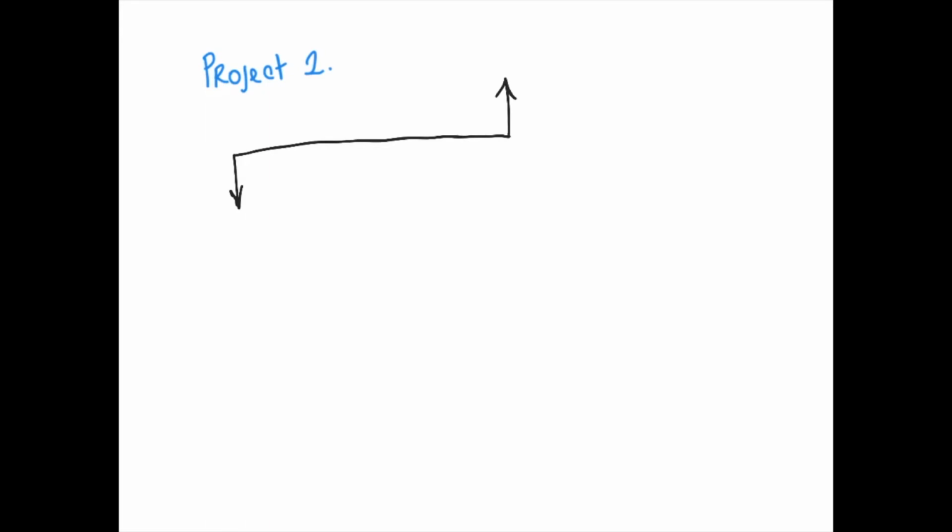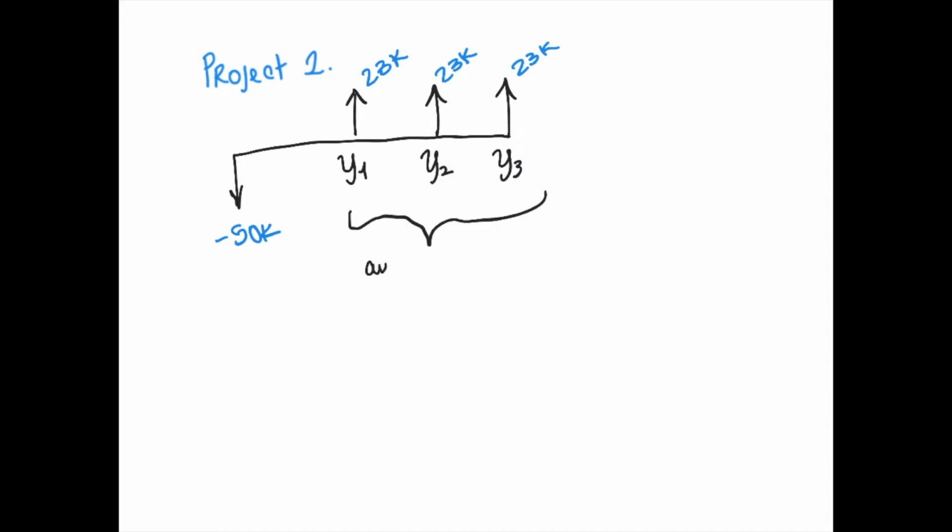So let's take a look at project 2. We have an initial investment of $50,000 and it yields $23,000 for 3 years. This is also a constant annuity of 3 years.